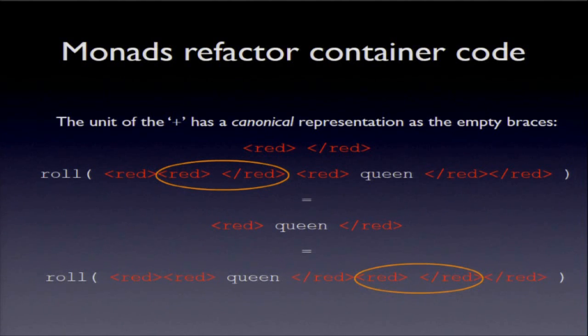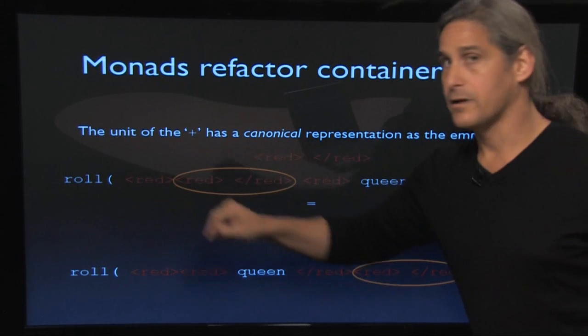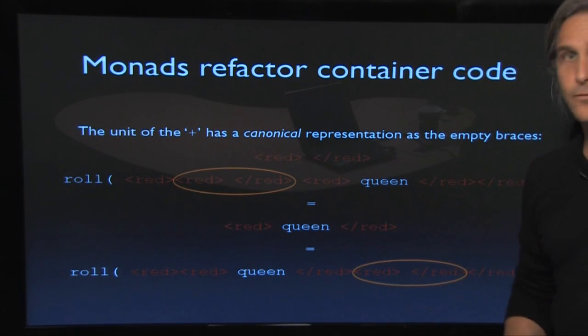So the unit of the plus has a canonical representation as the empty braces. So open tag, close it immediately with nothing in between. Okay? And to see that it's really the unit for the plus, here I've written out a little example. So if I take the queen and make it red, and then I add it to the empty, and then I roll that up, I just get the red queen.